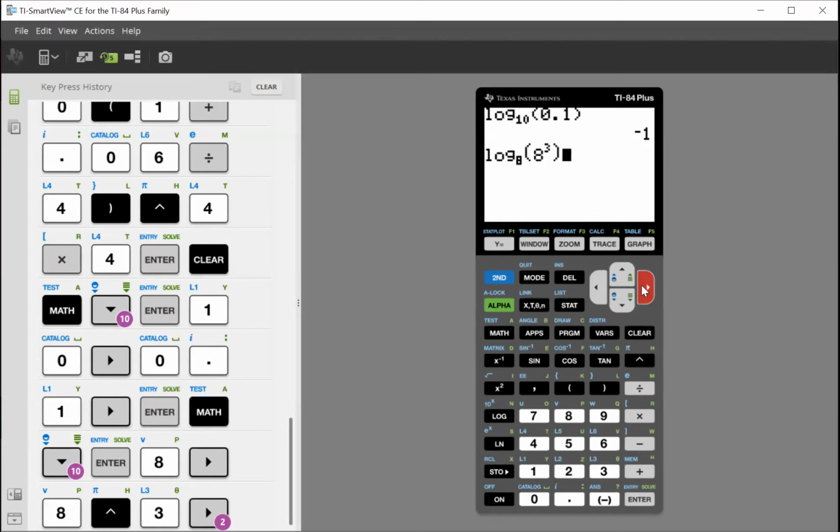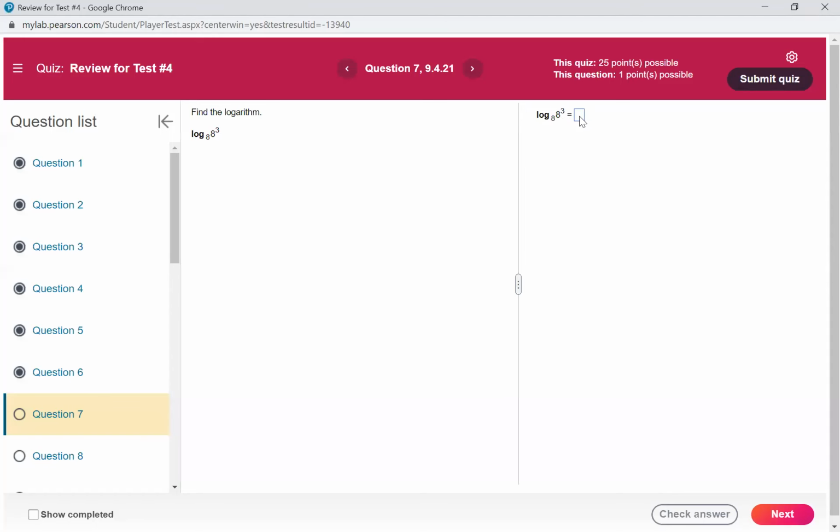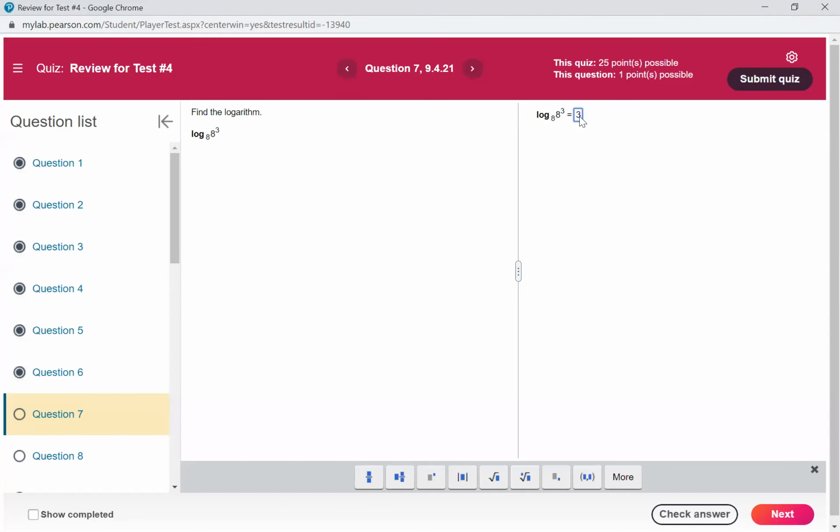So y'all should match the base and the result base. Only thing going to differ is our numbers on this. But notice, if the base of the log matches the base of the result, the answer will always be whatever y'all's exponent was. So mine had exponent 3, so that would be my answer. So I'm just going to come in here and put my 3.